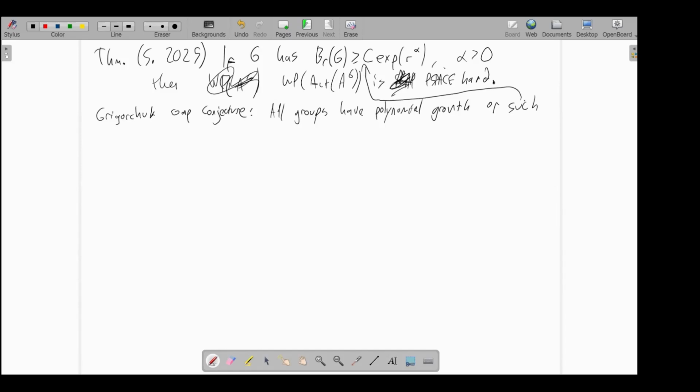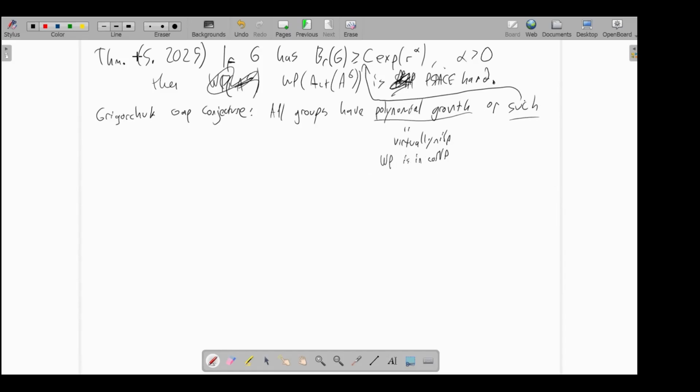So one of his many gap conjectures is that you will always either have polynomial growth or you will have at least this much growth. Polynomial means virtually nilpotent. In the virtually nilpotent case, the word problem is in co-NP as well.